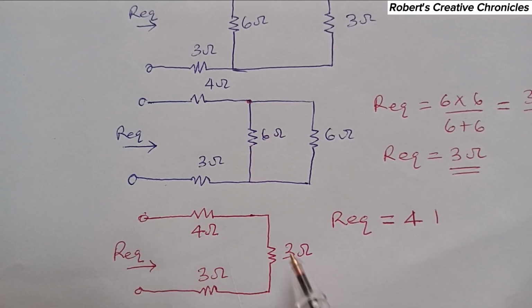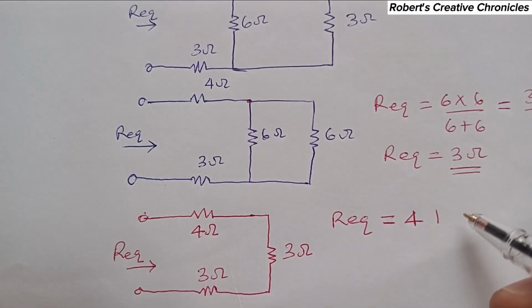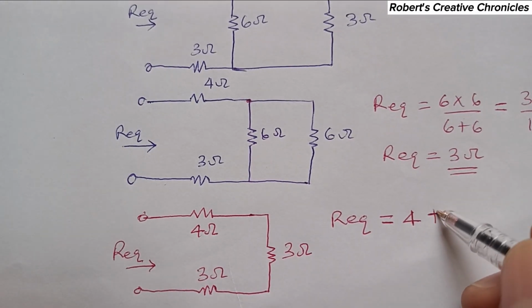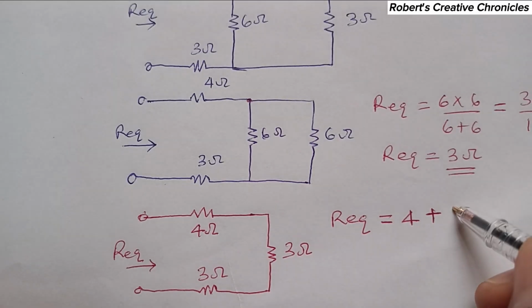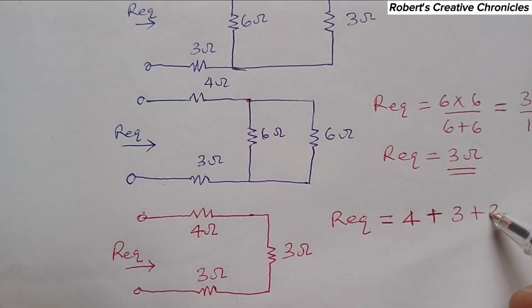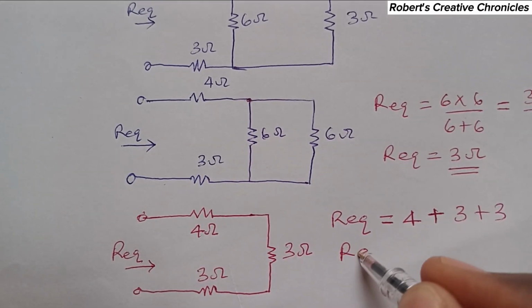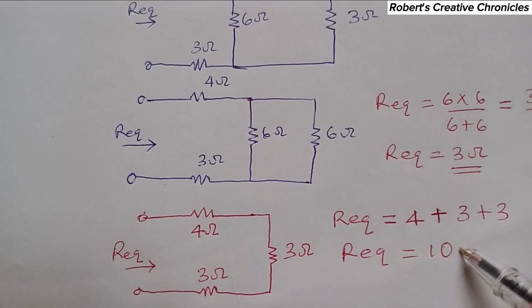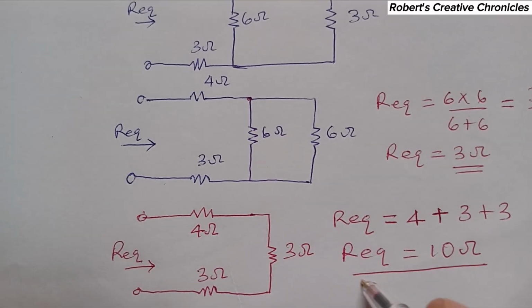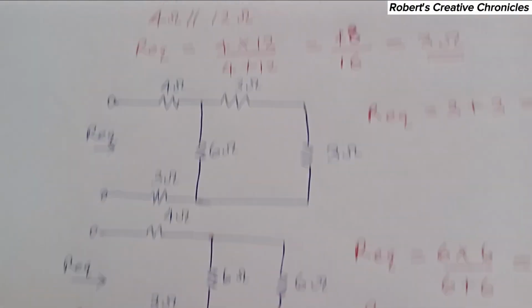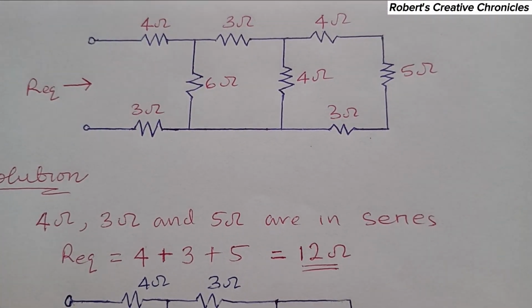In other words, they are placed end to end. So you just find their sum to find the equivalent resistance. So it will be 4 plus 3 plus 3, which becomes 10 ohms. So the equivalent resistance of this circuit is 10 ohms.